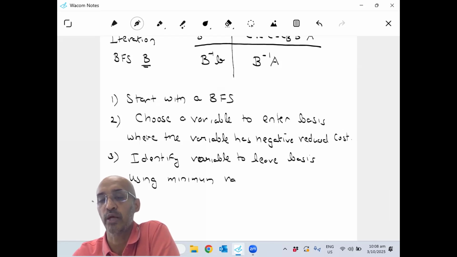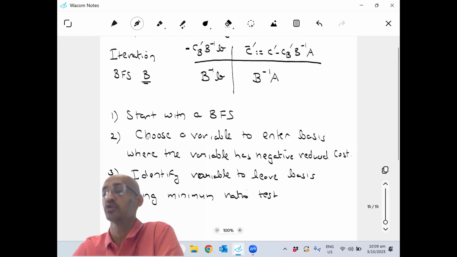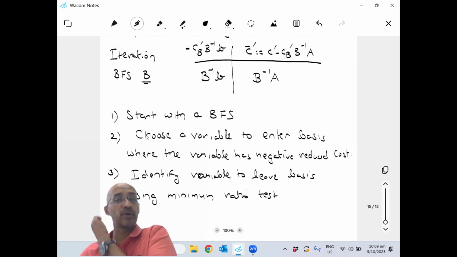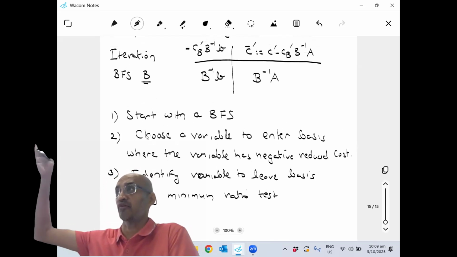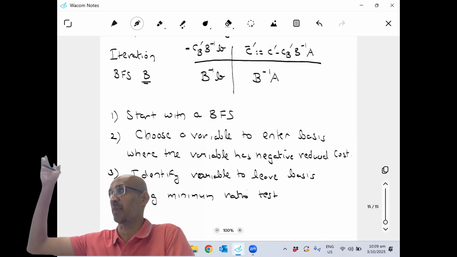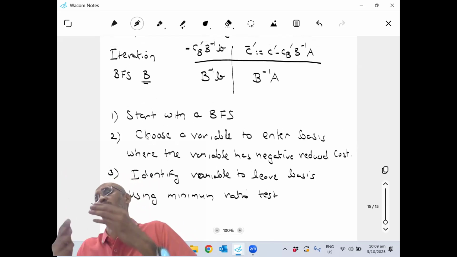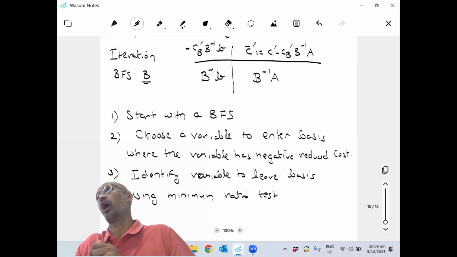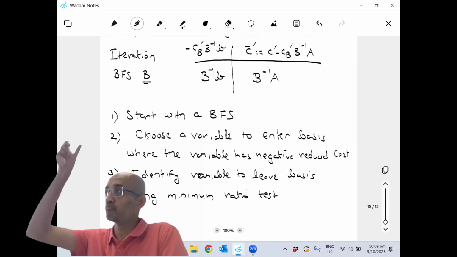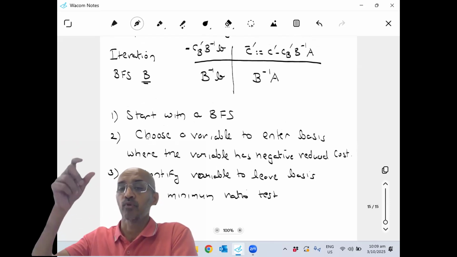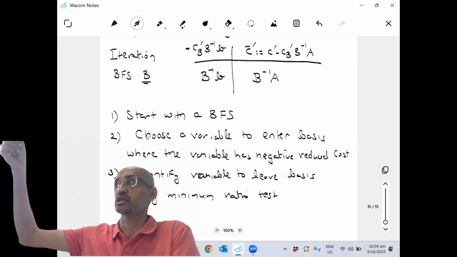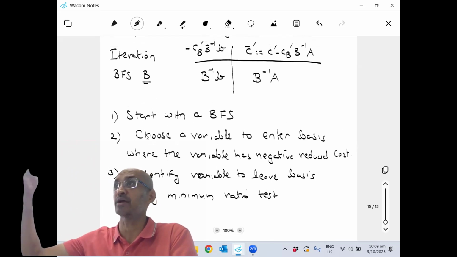So what is this test doing? Once you decide you want to bring a non-basic variable into the basis, it forces the basic variables to change. There's a formula for the basic variable direction, minus B inverse Aj, and we saw last time that depending on the signs of the direction vector, when you move to a new basic feasible solution, x plus theta d might become negative.